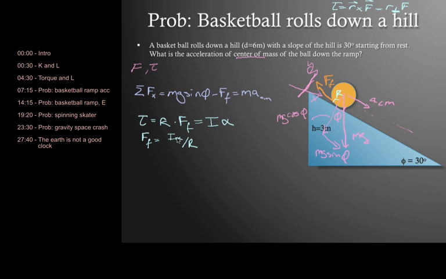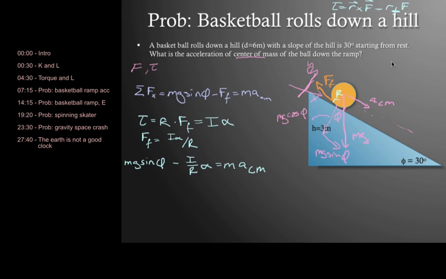So now we can plug this into this equation up here. We can use what we learned in torque to help get rid of one of these variables. So we're going to have mg sine phi minus I over R alpha equals m times the acceleration of the center of mass.